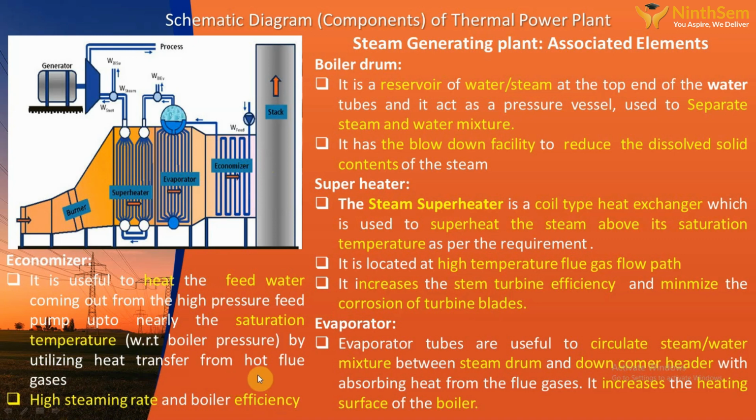High steaming rate and boiler efficiency are improved because we are preheating the feed water feeding the boiler drum. So the main important elements inside the boiler are the boiler drum, superheater, evaporator and economizer. Those are the associated elements.